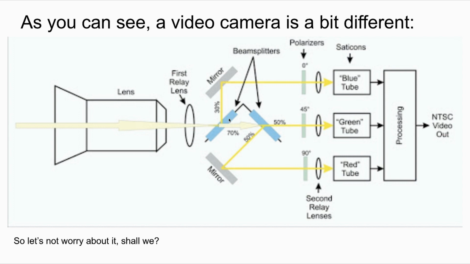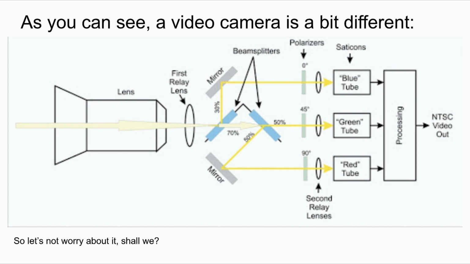That's going through beam splitters and getting divided onto 2 mirrors and then through 3 polarizers, which filter out certain frequencies of light, through second relay lenses, which maintain that focus, and into something that I believe is called a Saticon. You've got the blue, the green, and the red tubes, and those go into a processor out to your video signal.